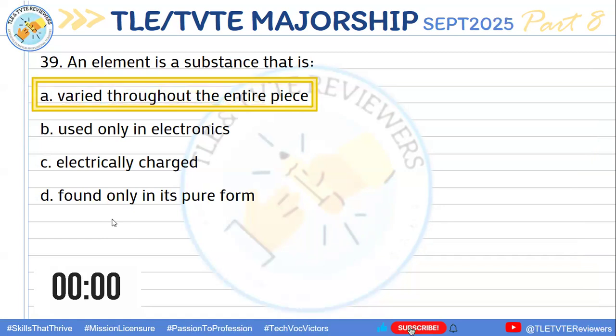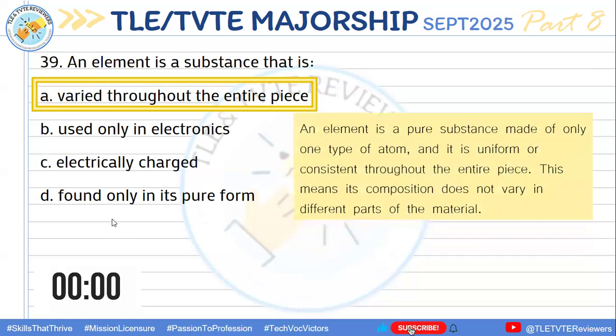Answer letter A, varied throughout the entire piece. An element is a pure substance made of only one type of atom, and it is uniform or consistent throughout the entire piece. This means its composition does not vary in different parts of the material.